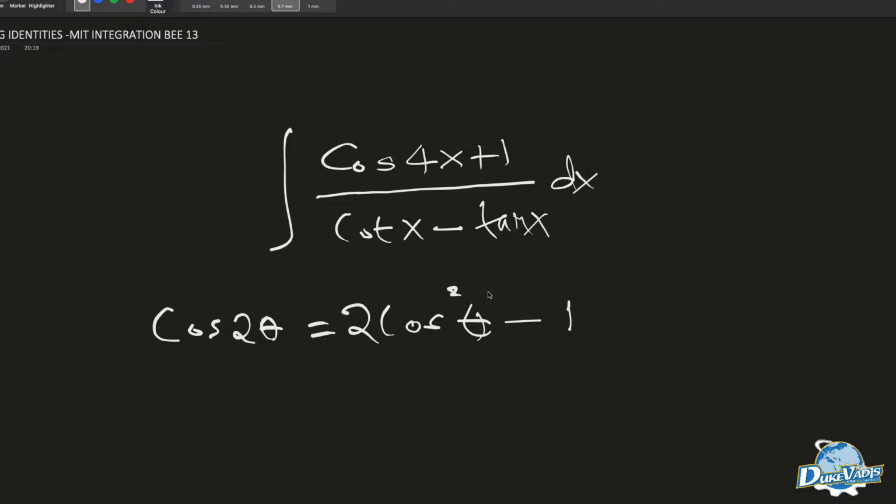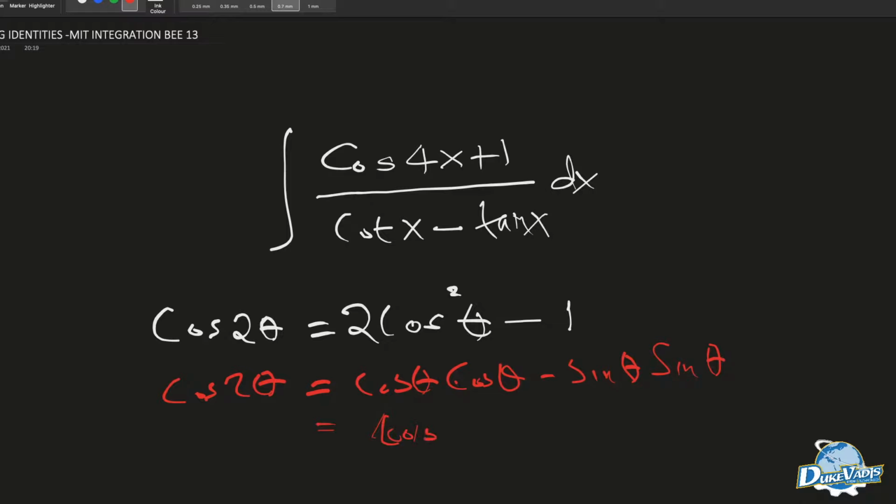The reason is that if I have cos 2 theta, then it means cos(theta plus theta), which gives cos theta cos theta minus sine theta sine theta. And this, straightforward, we all know will be cos squared theta minus sine squared theta.